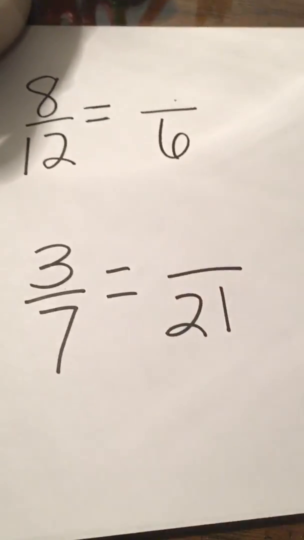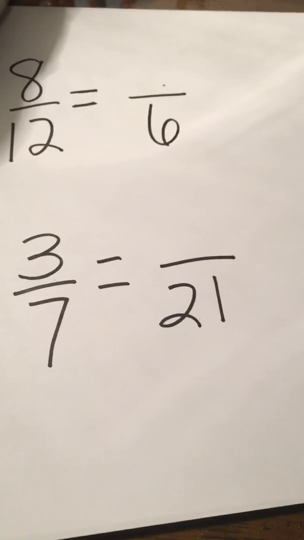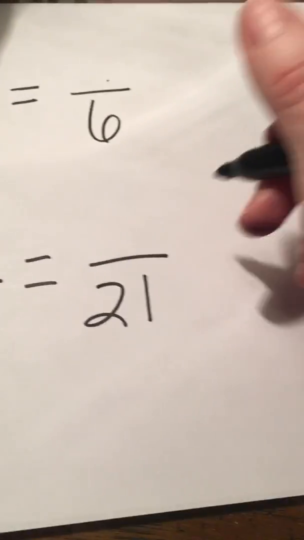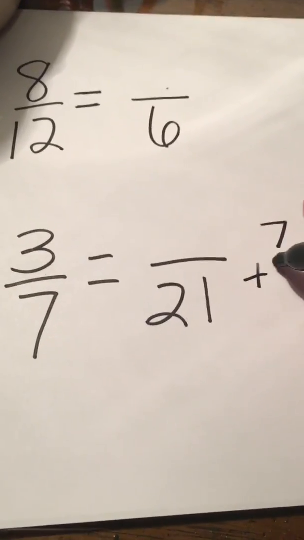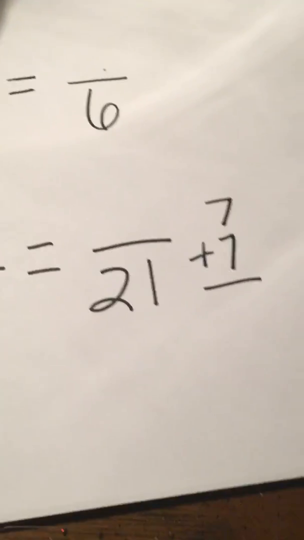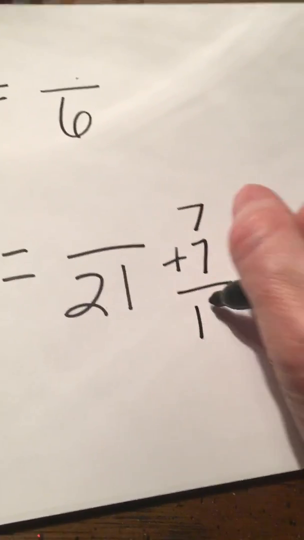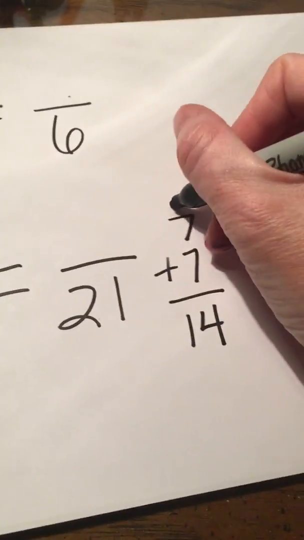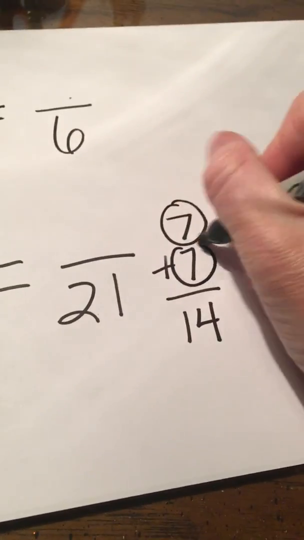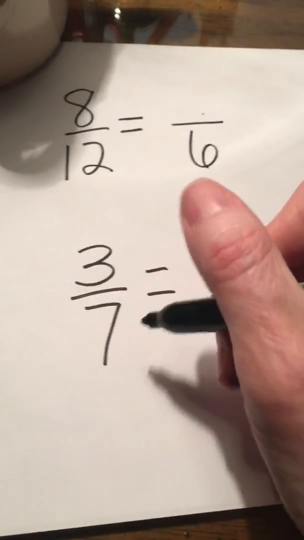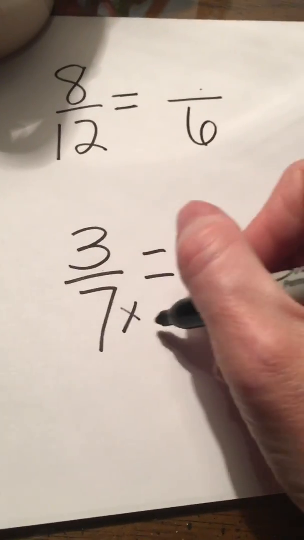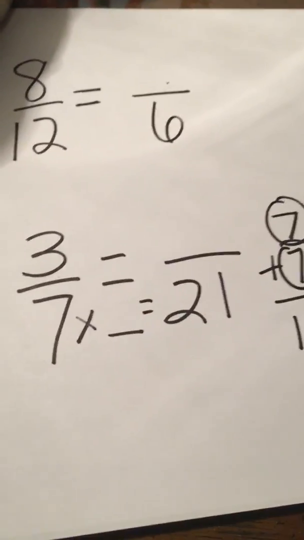So let's say I'm a little sketchy on my 7's multiplication facts. Then I can add 7 until I get to 21. I know 7 plus 7 is 14. I'm going to circle my 7's, so I know how many groups of 7's, because that's the number that's going to go here. 7 times what equals 21?